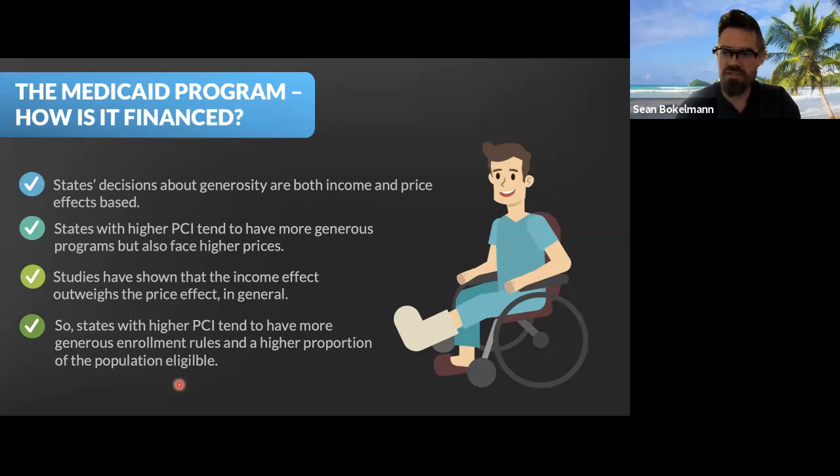Most studies have found that the income effect is the predominant effect, outweighing the price effect. So states with higher per capita income tend to have more generous enrollment rules, and because of that, they tend to have a higher percentage of the population that is eligible, since it's a more generous rule.